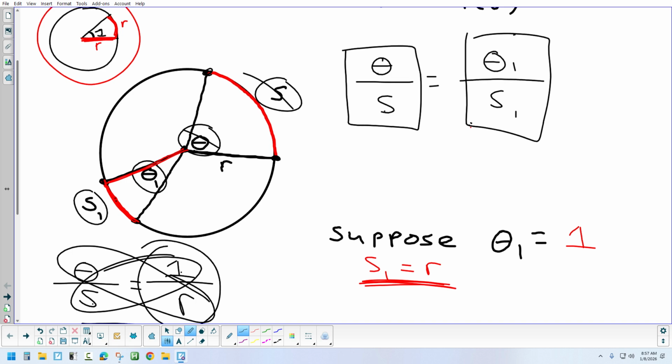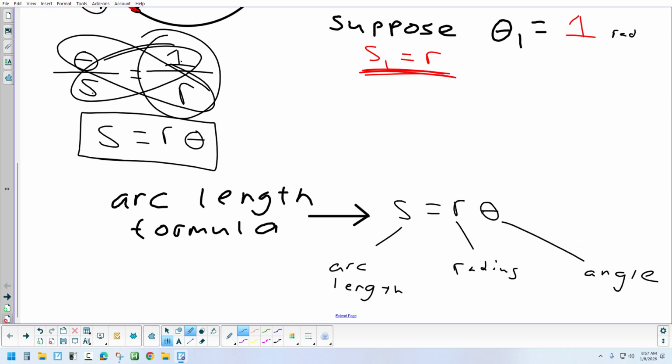Radians, right? I didn't put RAD. Again, we have to get used to not seeing it. It's there. But we supposed that theta 1 was 1 radian. That's the unit we assumed we wanted to work with. So that means when you use this formula, it only works if your angle is in radians. Okay? Just like that other proportion would only work if your units were in feet or inches.